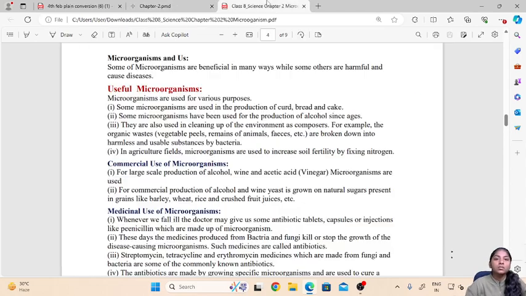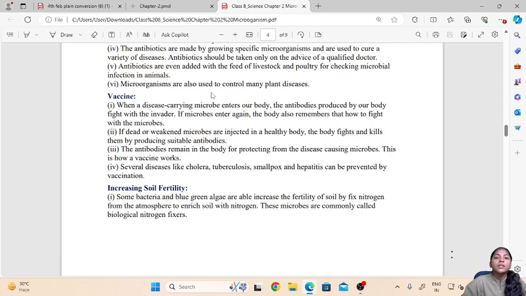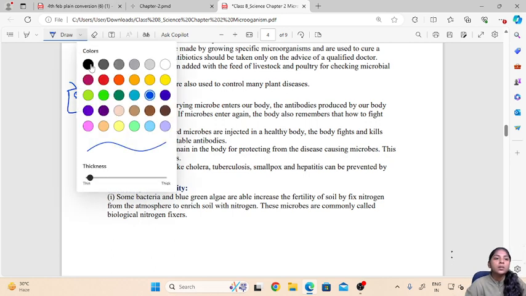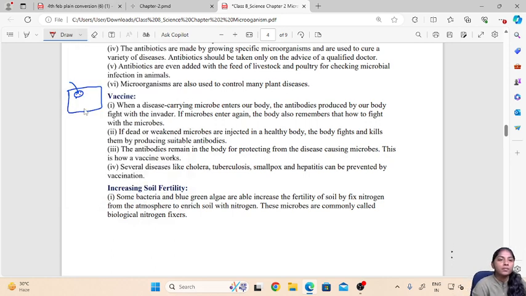When a disease carrying microbe enters our body, the antibodies are produced by our body. So when a healthy body is affected by a disease causing microbe, when a microbe enters our body to cause diseases, our body will produce some antibodies, and these antibodies will fight against the invader.